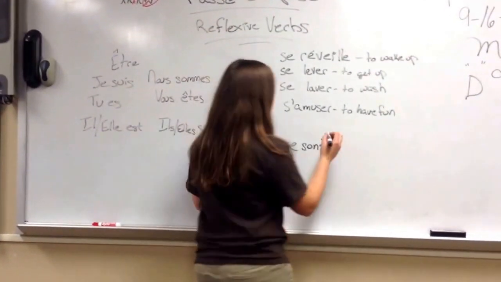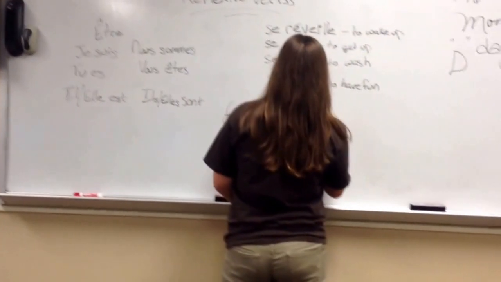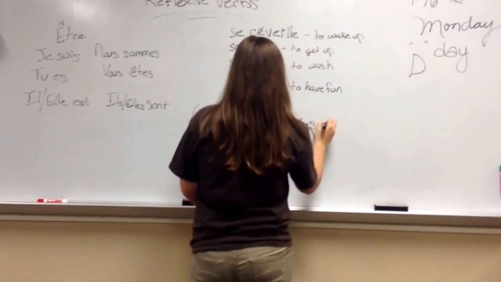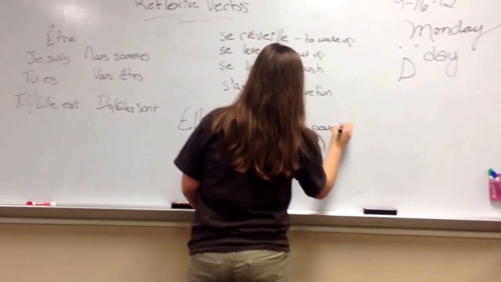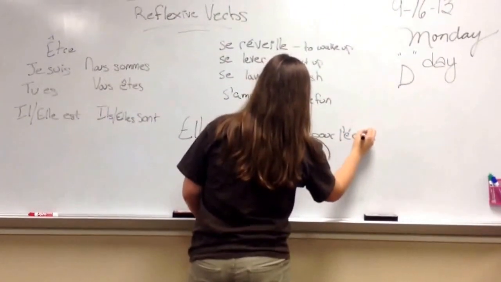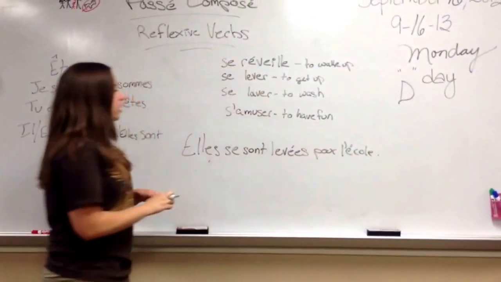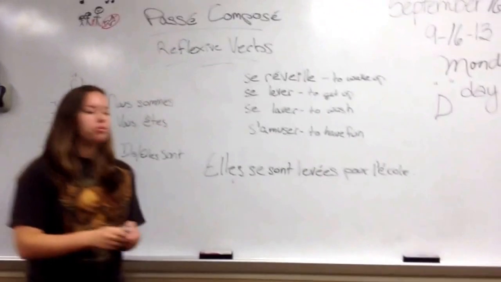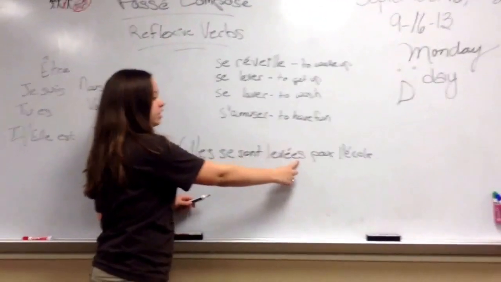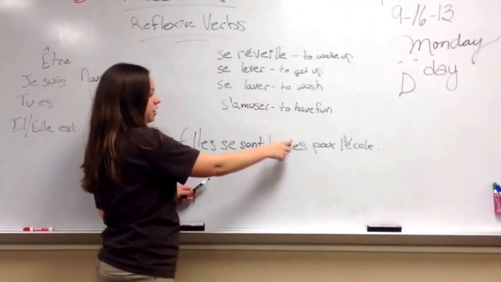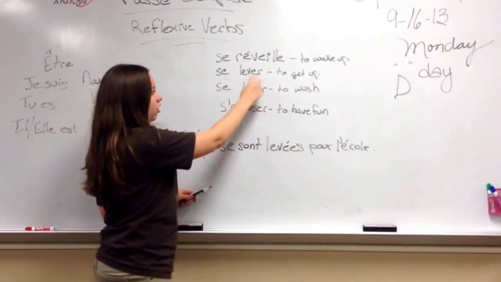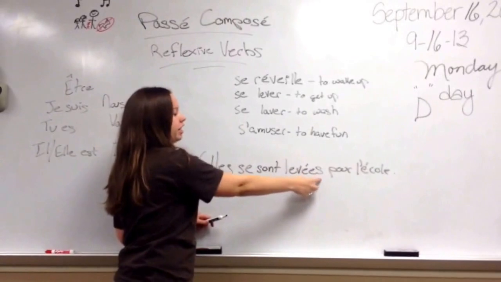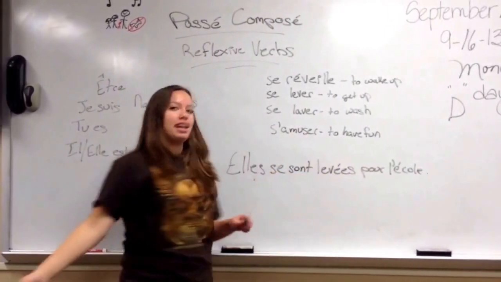Getting up. Okay. Elles se sont levées pour l'école. You would add the extra E. You have the E accent aigu because it's an ER verb. For females, you have an extra E, and because it's plural, you have an S.